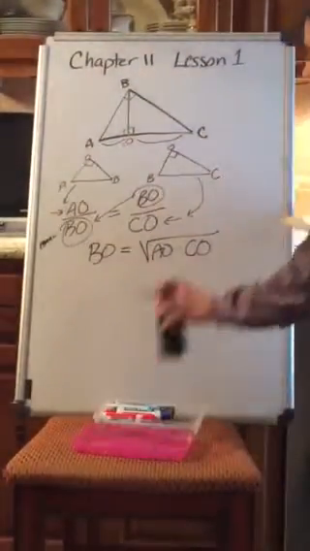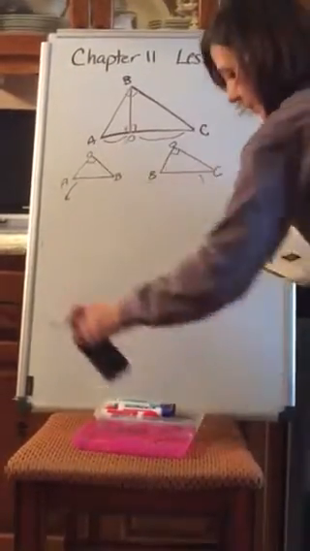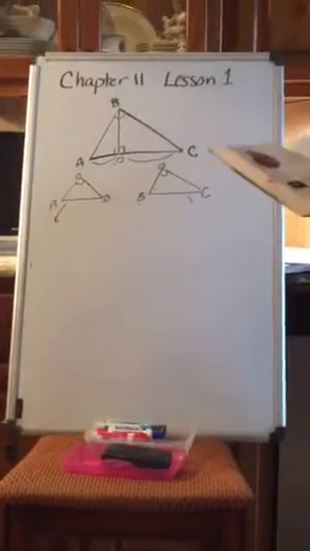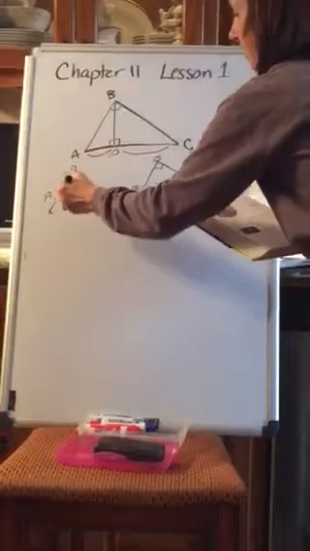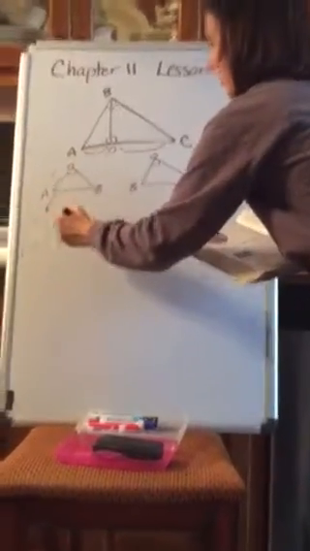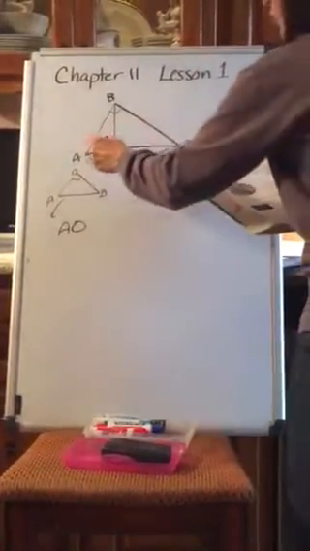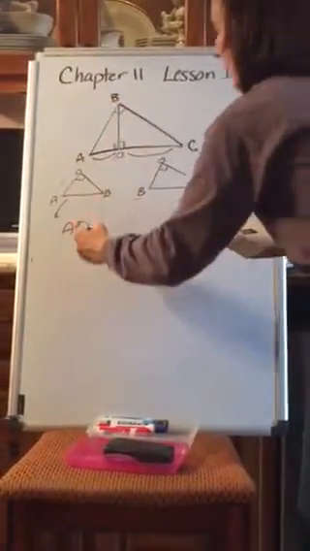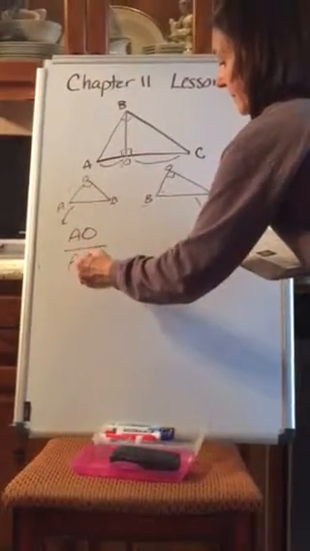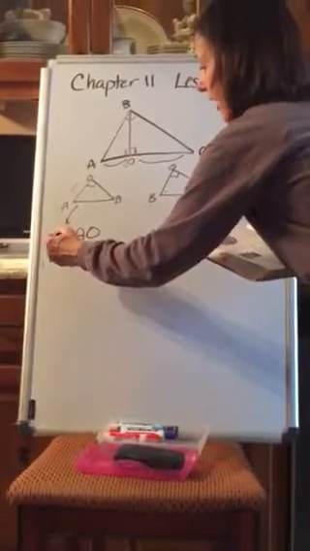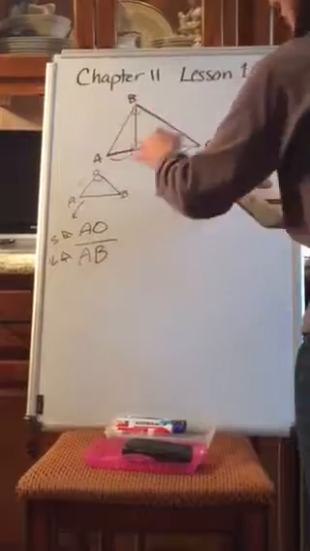And how do we know that? Let's look at our proportions. I can say that AO in the smaller triangle, the shorter leg, is to AB in the largest triangle. This is the smallest triangle, AOB, and this is the largest of the three triangles, the original ABC.